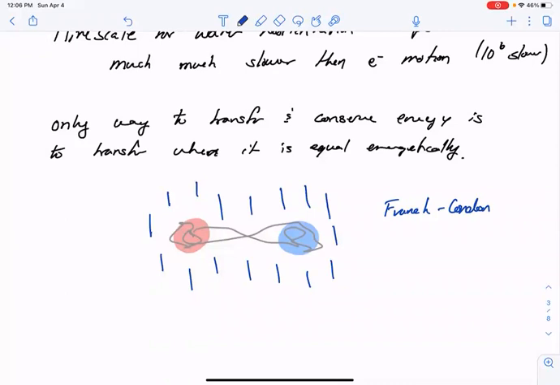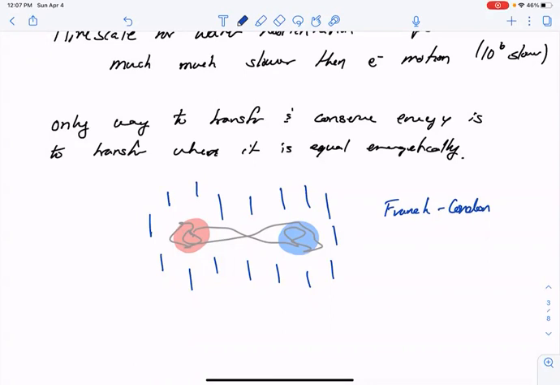Indeed, Marcus came on the scene right after Franck and Condon had established this principle. So again, just in order for the electronic transition to conserve energy, the energy for having the electron on the donor or the acceptor, on this red site or the blue site, must be the same.